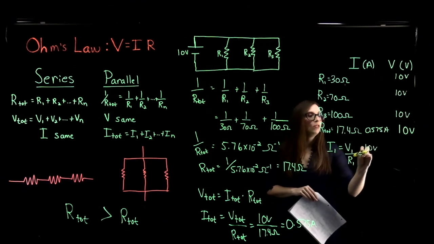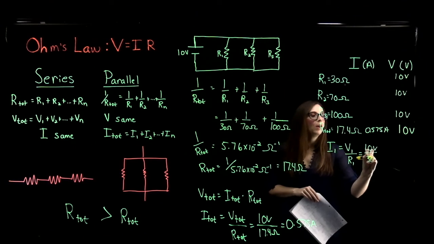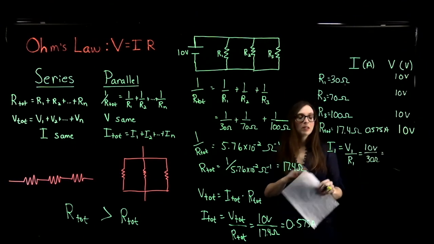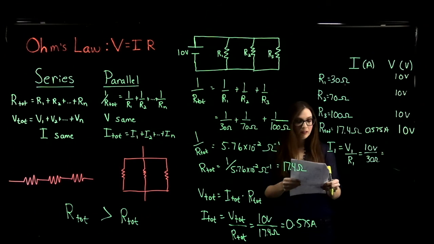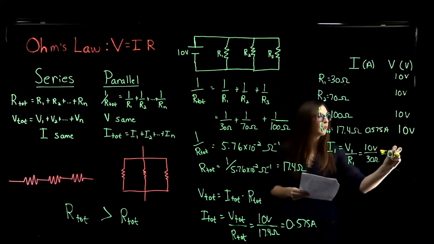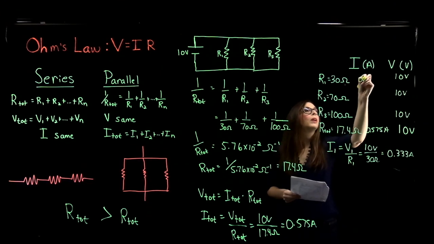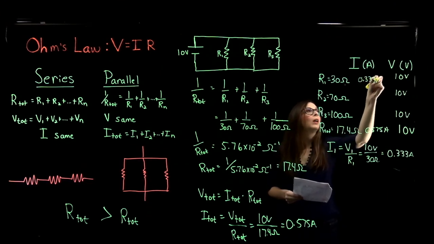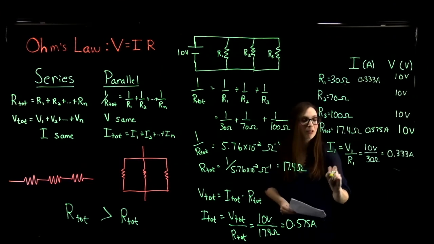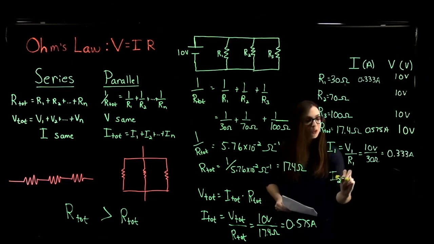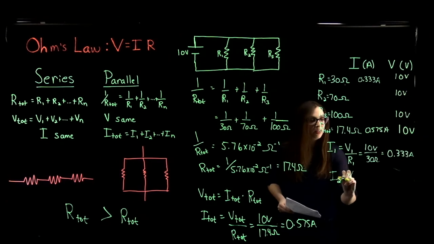So that will be 10 volts divided by our 30 ohms. So the current through resistor 1 is 0.333 amperes.